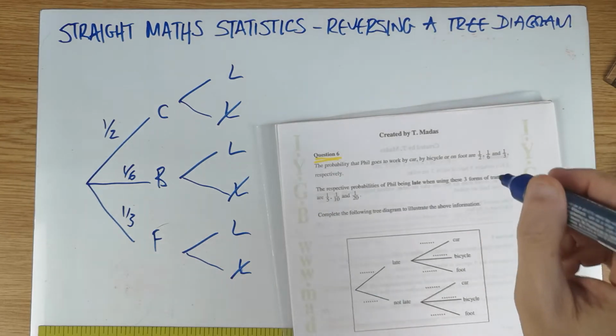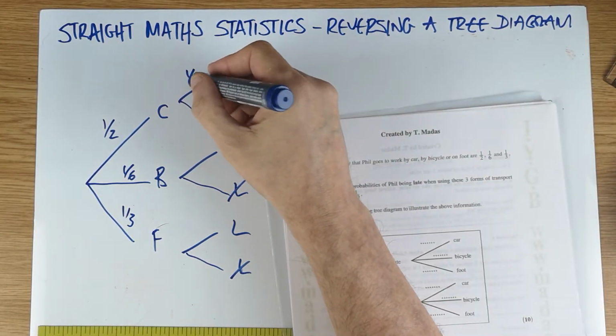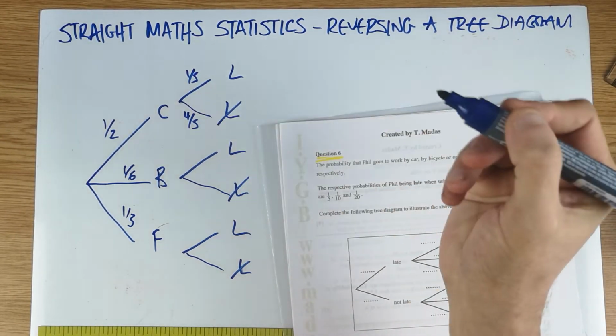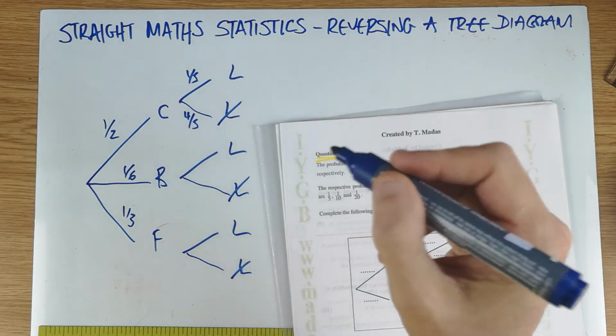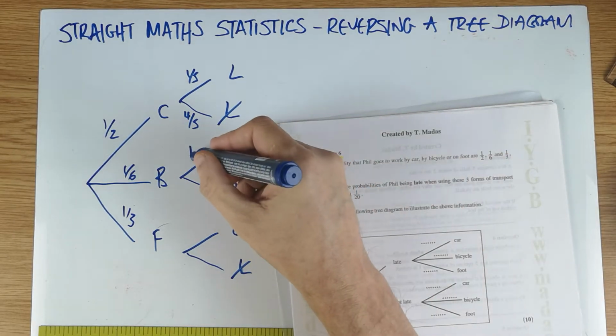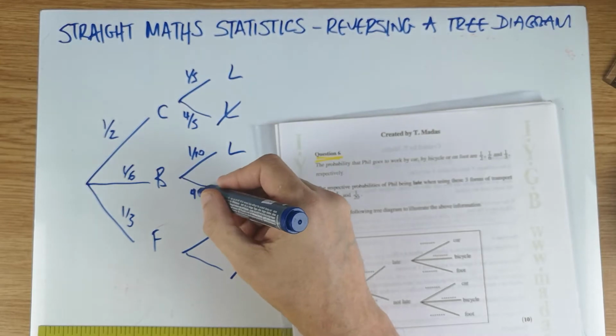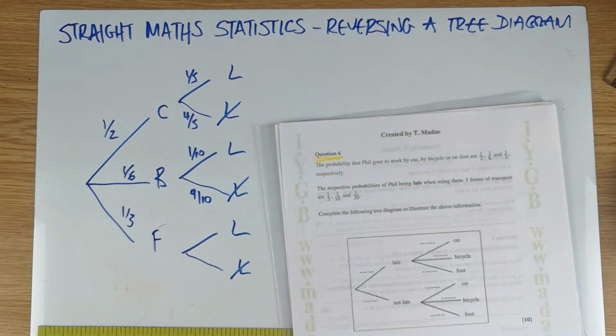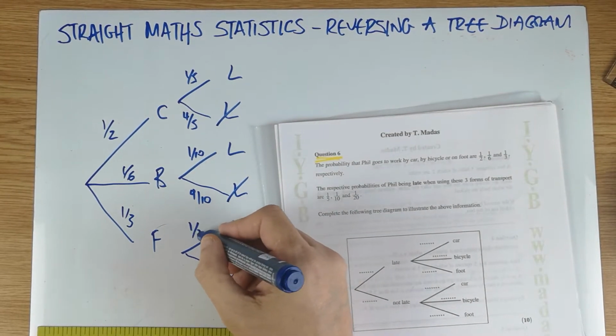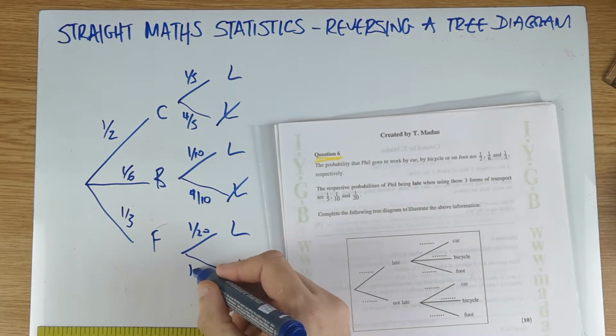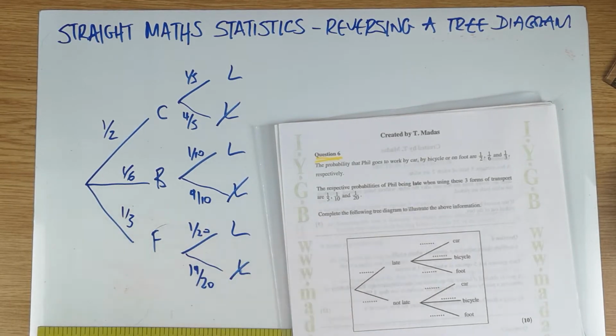But the lates is 1/5 here. Therefore, 4/5 are not being late. 1/10 being late when he's on the bike, 9/10, and then similarly 1/20 being on foot and being late, and 19/20 not being late and having trouble by foot.